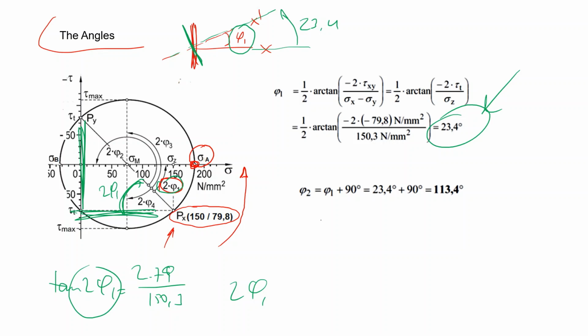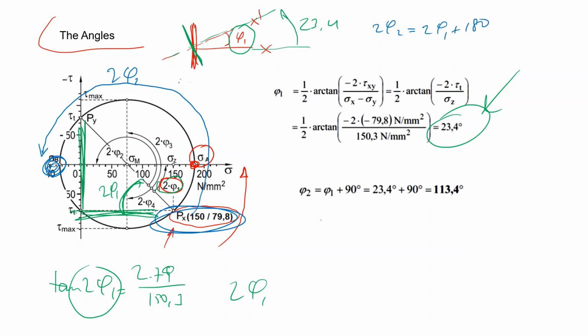What about the next principal plane? It lies over here. This again is my reference, and then I have to rotate like this, positive direction, and let's call this phi 2. 2 phi 2 is equal to 2 phi 1 plus 180, phi 2 equals phi 1 plus 90, and the value is 111.